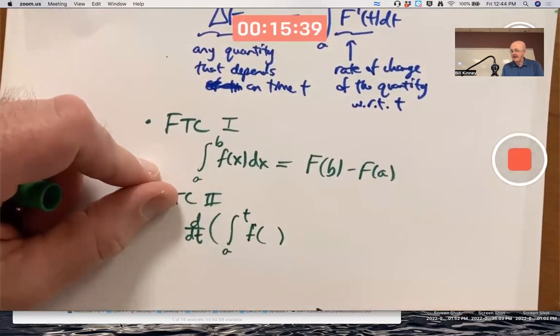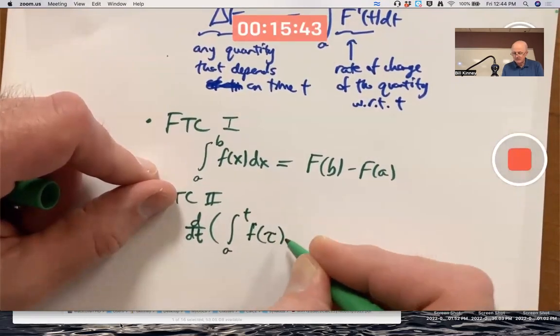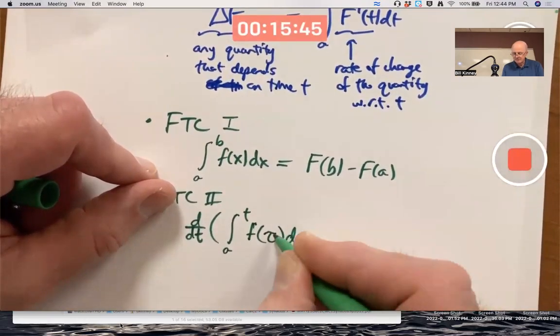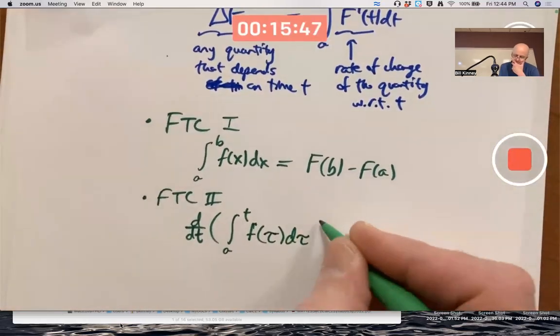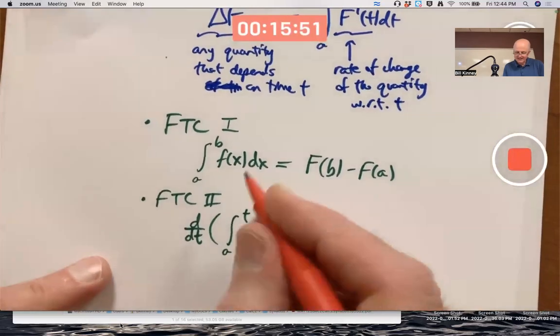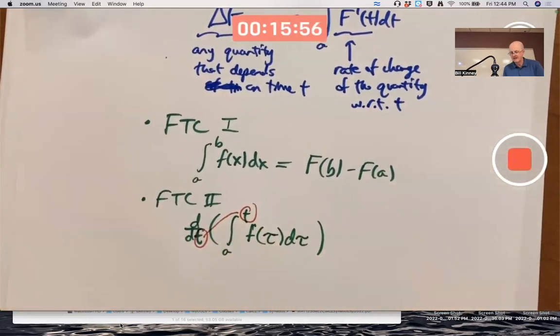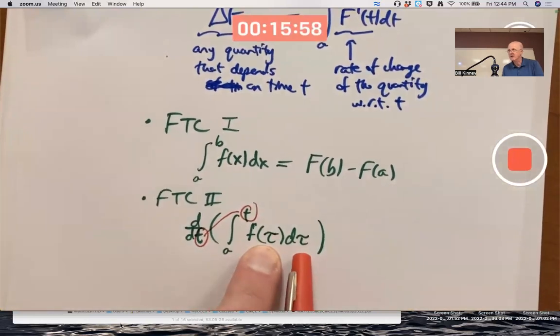And remember, it's definitely a good idea to use a different letter in here, like say a tau. You want to emphasize that the true variable for this function is that upper limit of the integral. That needs to match what you're differentiating with respect to. The variable you put here can be pretty much anything except letters you've already used. Don't use an a, don't use a d, don't use an f, don't use a t. You could use a tau, you could use a u, you could use a v, you could use a w.